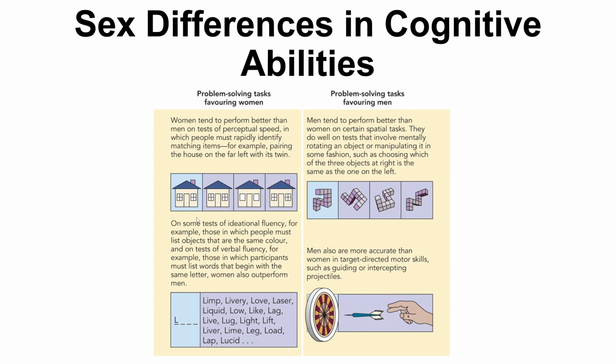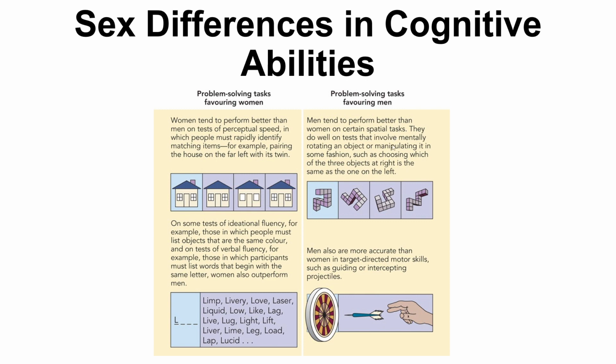They get into other fluency type things, like, can you connect this concept to other related concepts? So things like list objects that are all the same color, or list words that all start with the same letter. Again, we see that women perform better than men.